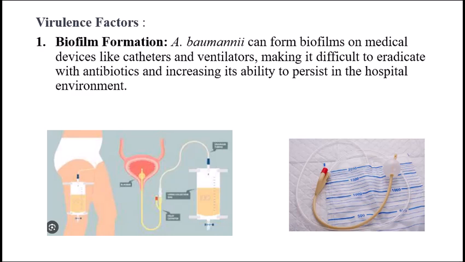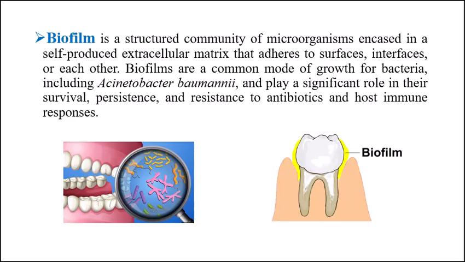It's a shield, as we said before. It protects the bacteria, so the bacteria become very hard to remove. Even cleaning and disinfecting the device may not be enough. It allows the bacteria to survive for a long period in hospital. This is why Acinetobacter is known for causing persistent hospital infections.